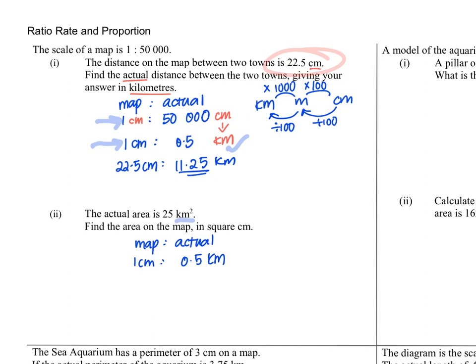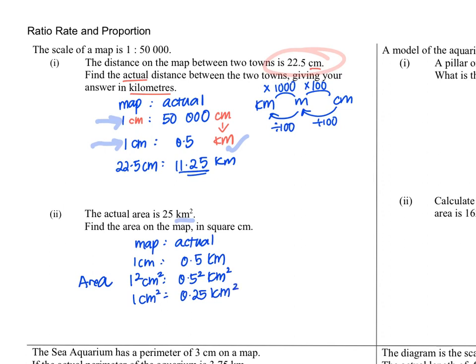Now how do I change from length to the area scale? I need to square all my terms. So 1 cm squared, 0.5 kilometers squared. So that means 1 cm square is 0.25 kilometers square.